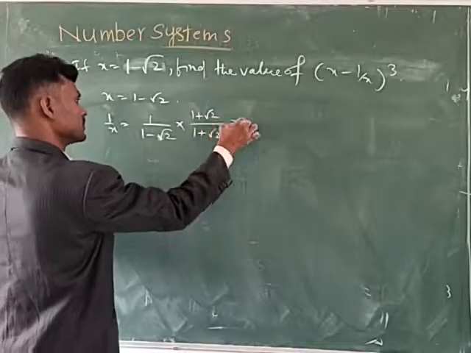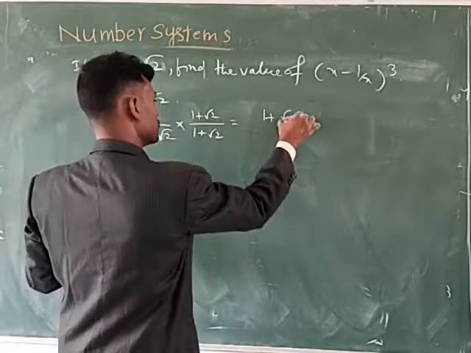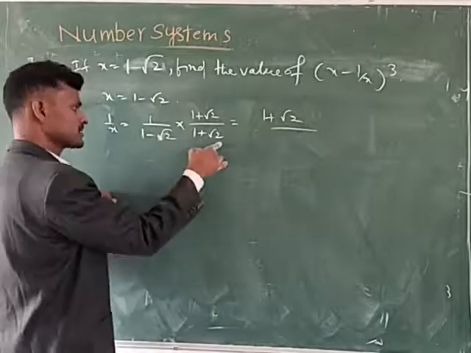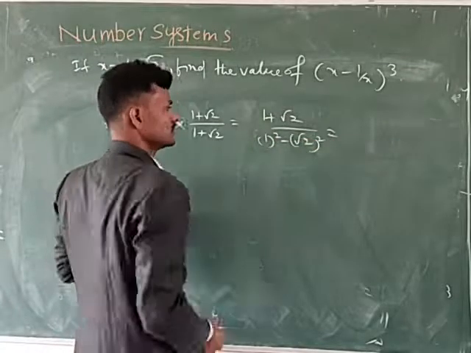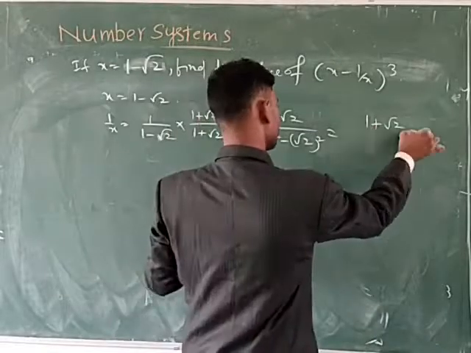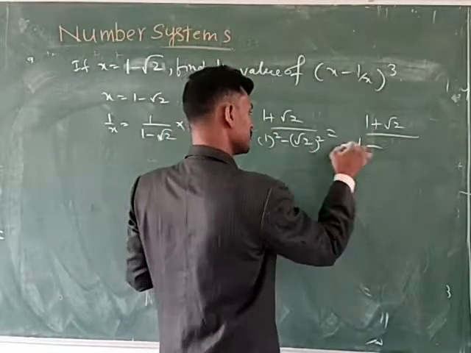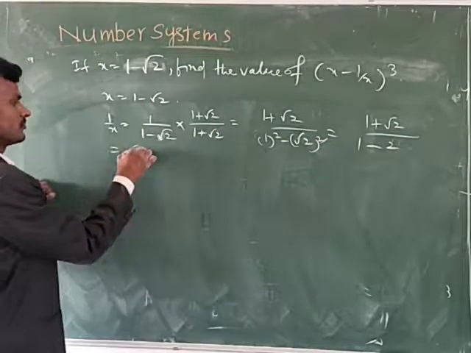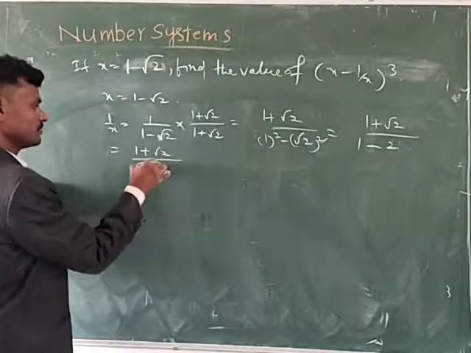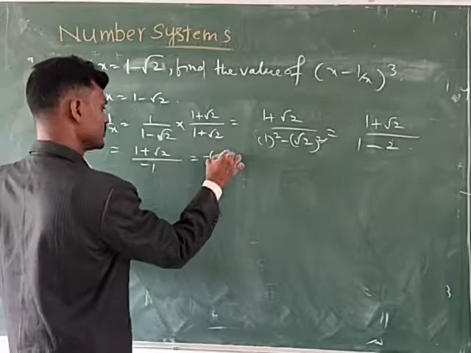Now (1 + √2) over (a − b)(a + b) equal to a square minus b square, that is 1 square is 1, the square root cancels, 2. Then (1 + √2) by minus 1, so minus common, you can write −(1 + √2).